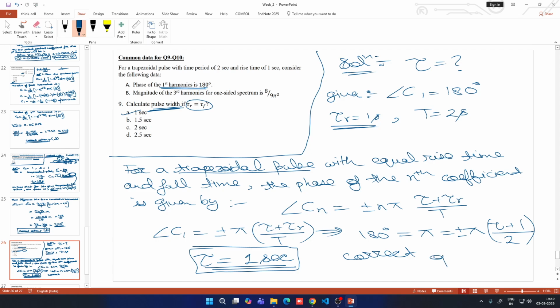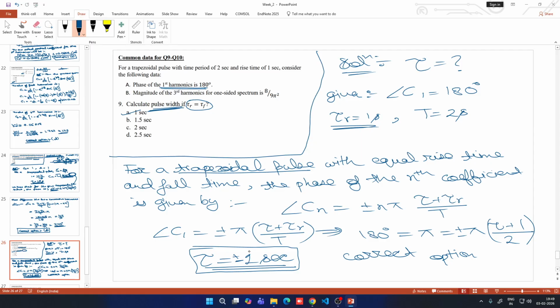We consider the plus or minus value of pi when solving for tau, but here you don't have to consider that, because time cannot be negative, right? You should consider only the plus value. If I am getting plus minus 1 second, minus 1 second doesn't make sense physically. The pulse width cannot be minus 1 second.